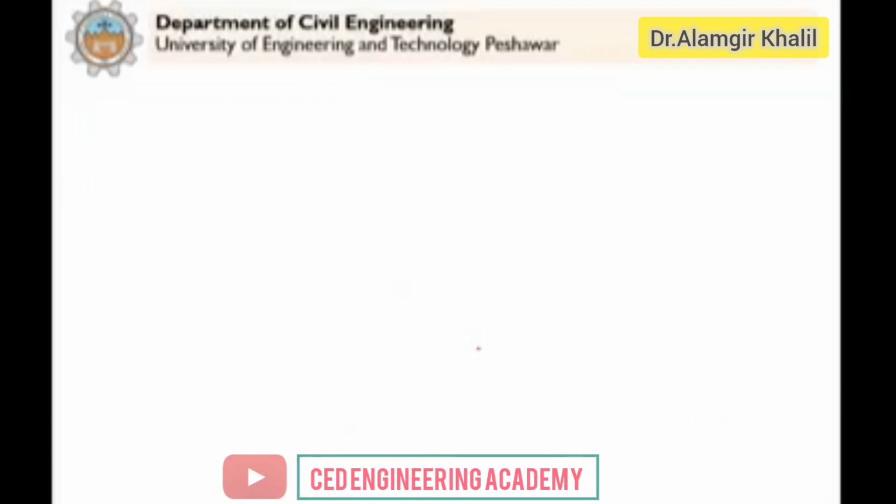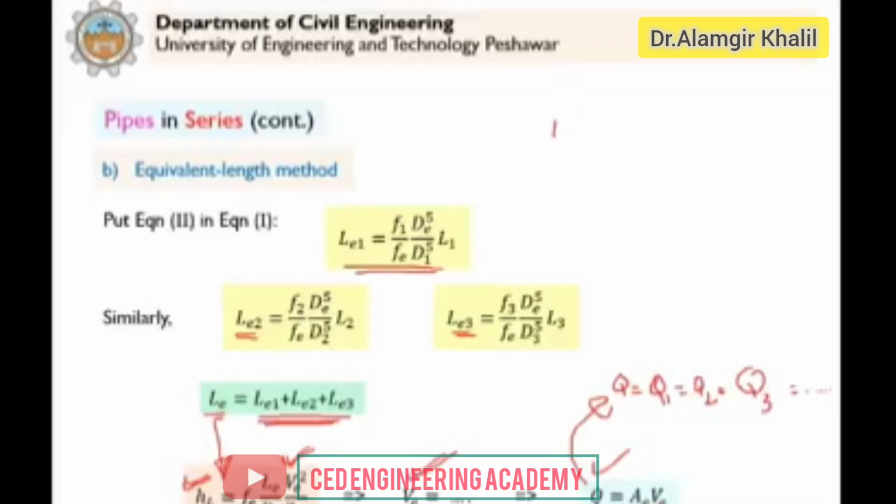If we have pipe 1, pipe 2, pipe 3, then which one can be the effective pipe? So you can select anyone to be the effective pipe.